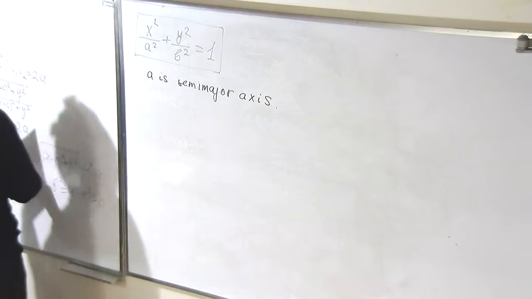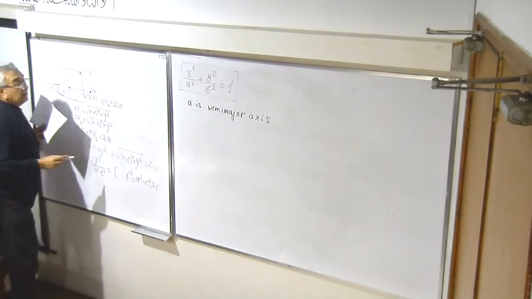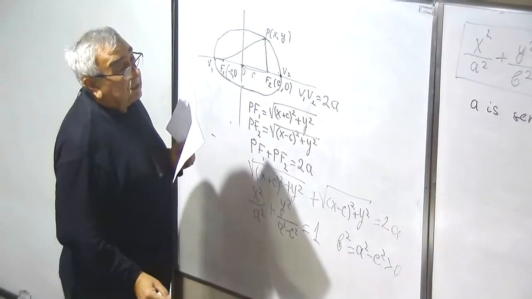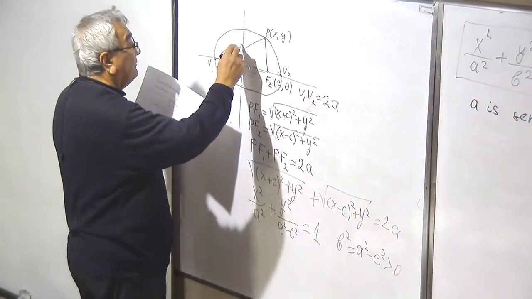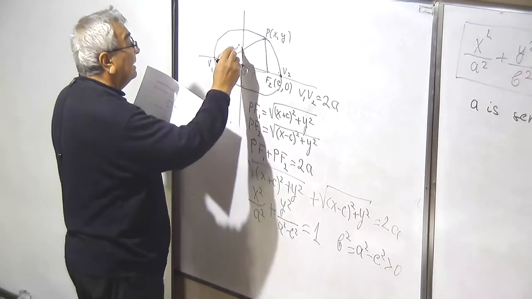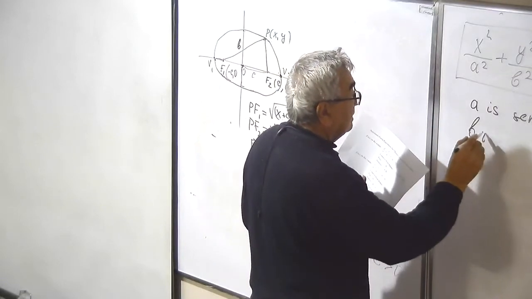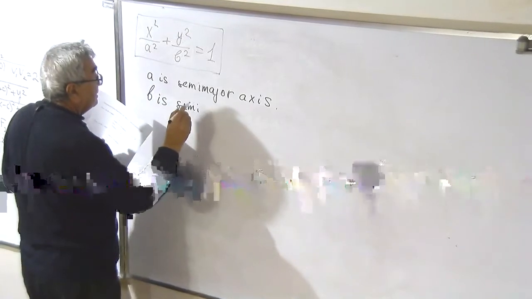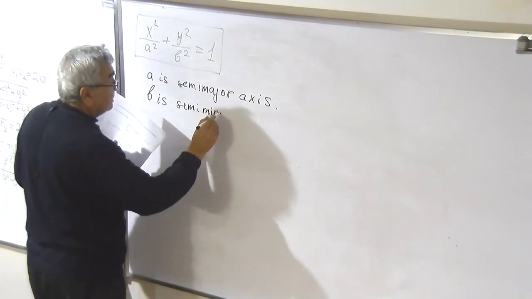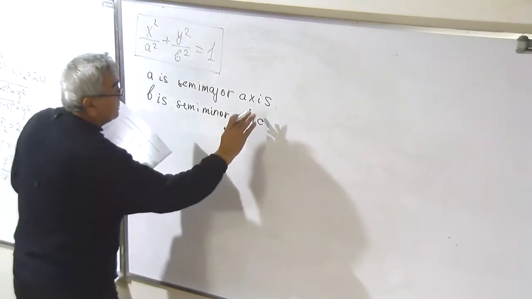That means it is half of the distance between them. What is b? b is half of this distance. That means this distance will be b, and b is called the semi-minor axis.